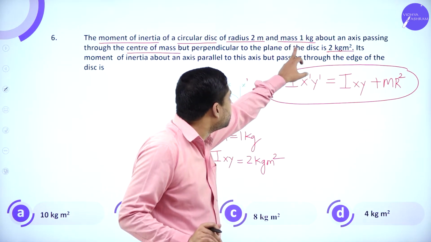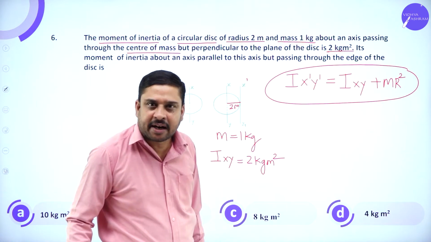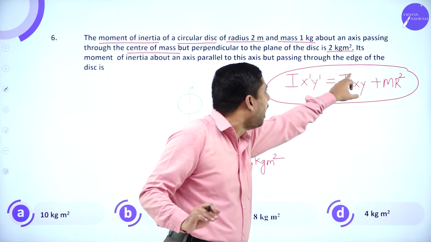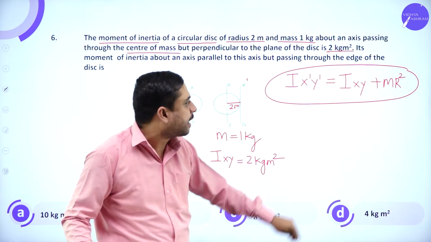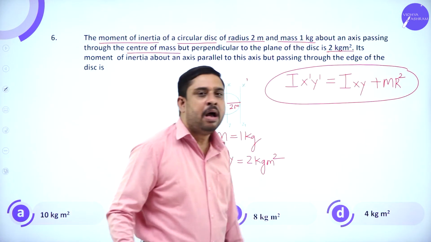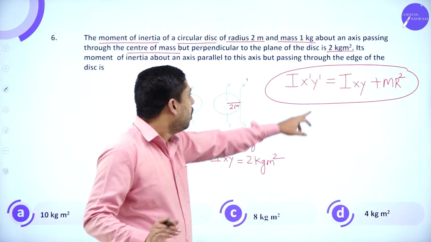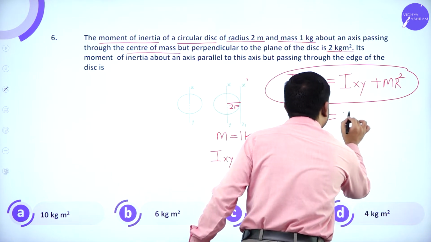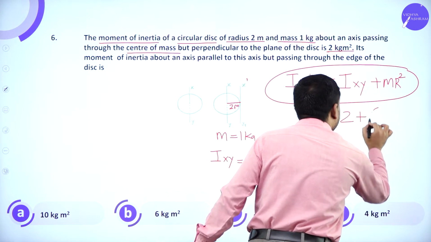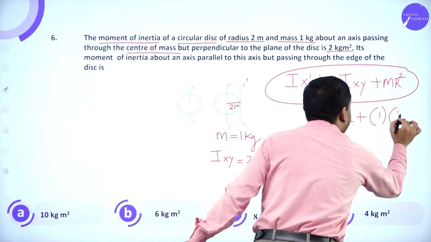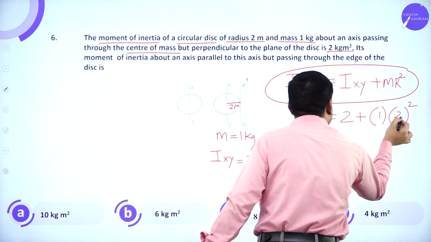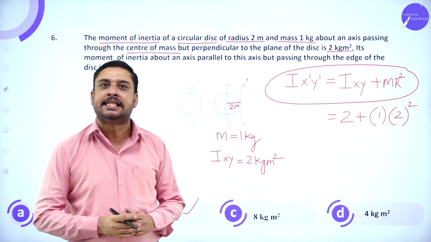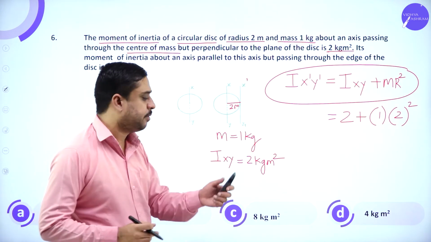What is the moment of inertia about the given axis? This is 2 plus mass is 1, radius is 2 square. So 4 plus 2, the answer is 6 kg meter square.